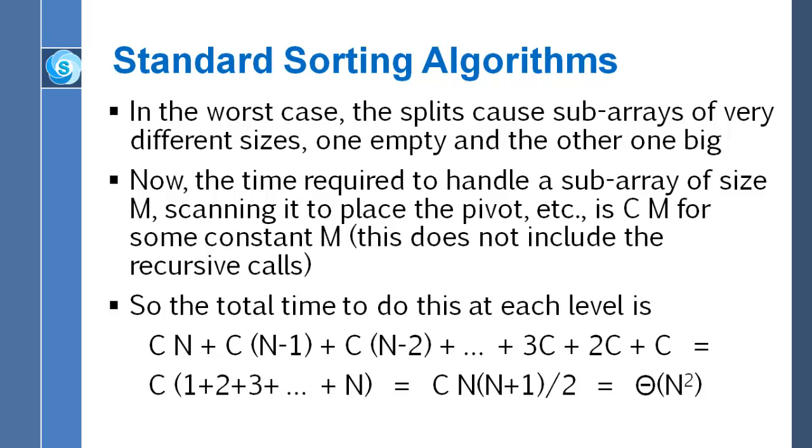In other words, capital theta n squared. All right? There you go. The punchline. In the worst case, quicksort has time complexity theta n squared, just like bubble sort, selection sort, and insertion sort.